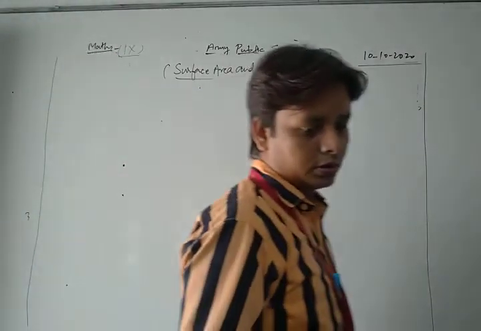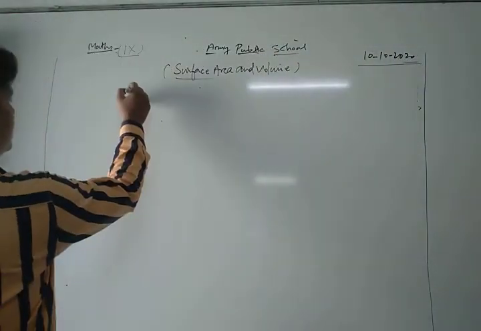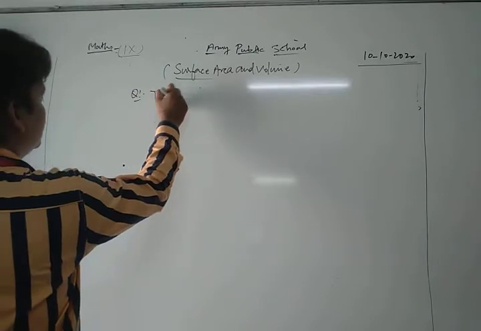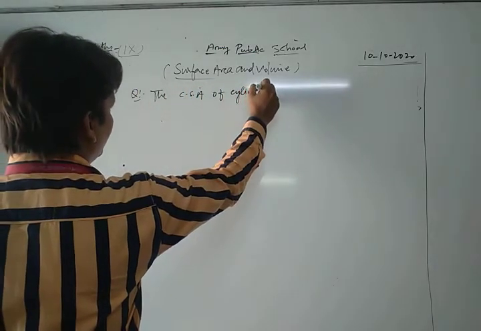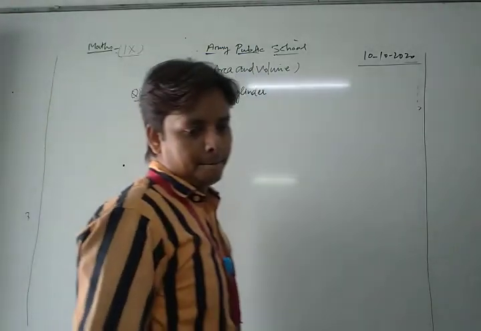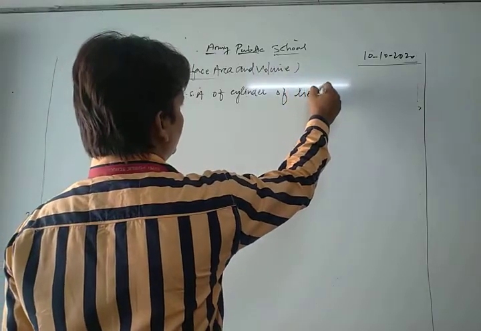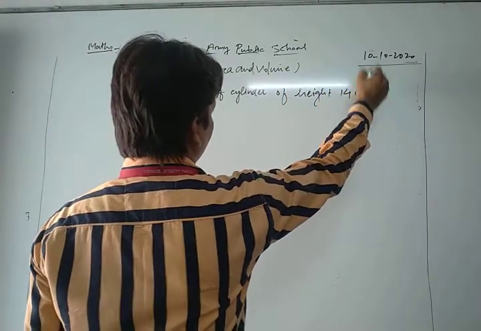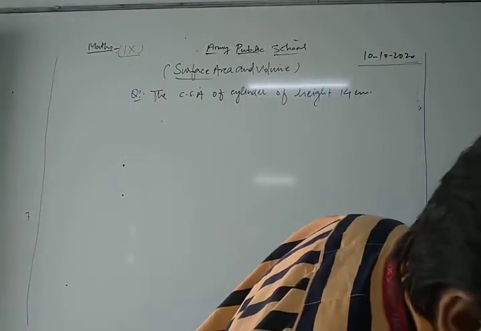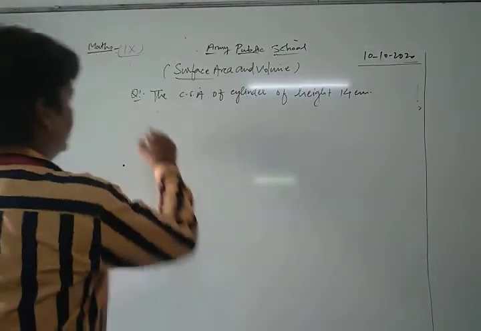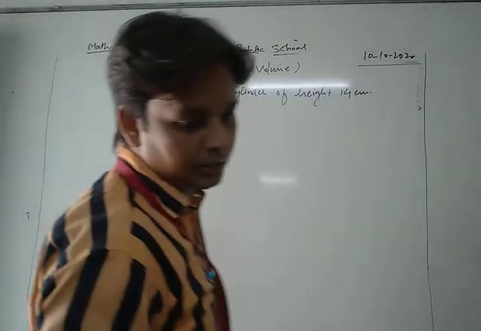Now we take a cylinder question. The question is: the curved surface area of a cylinder of height 14 centimeter is 88 centimeter square.